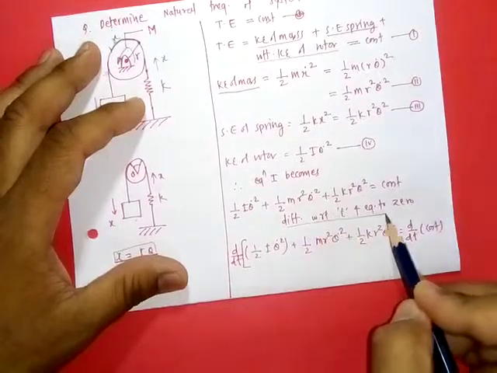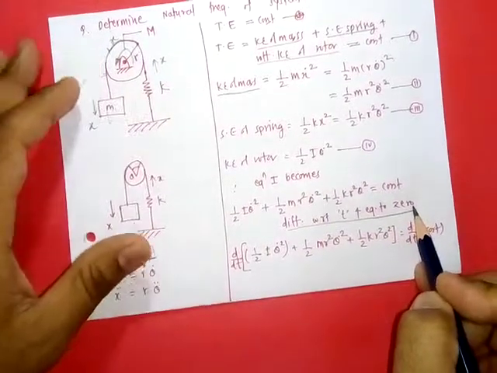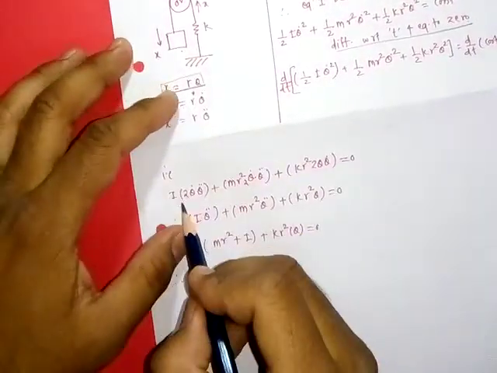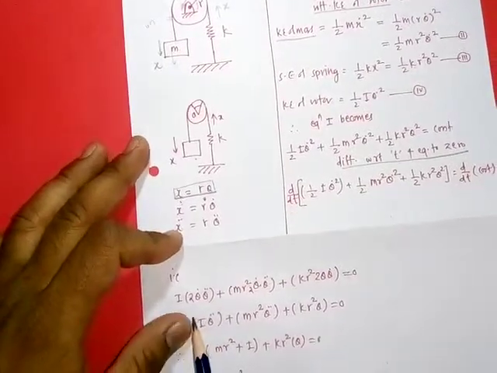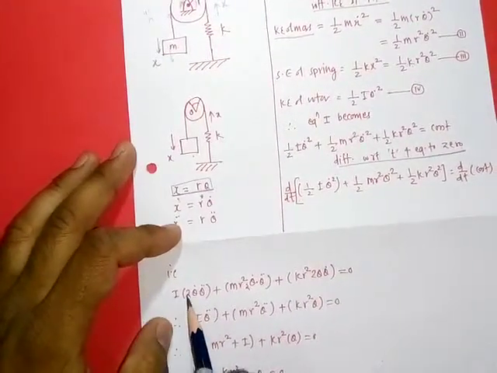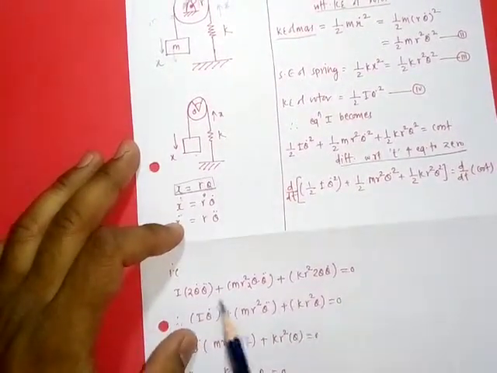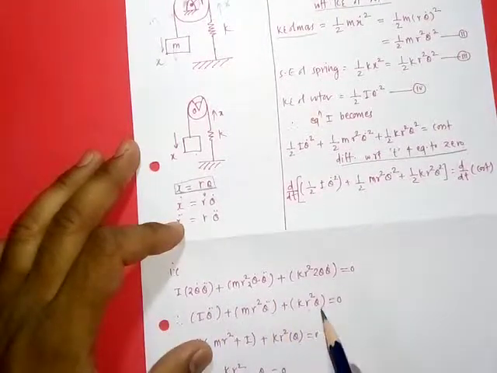Then differentiating this equation and equating it to 0, we get this. Cancelling common terms, we get this equation.